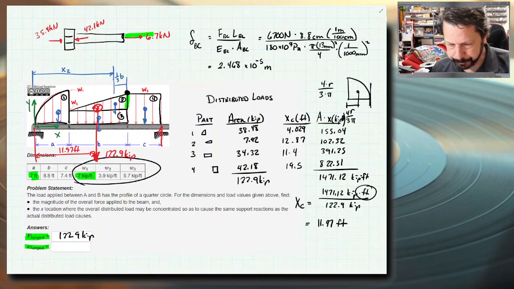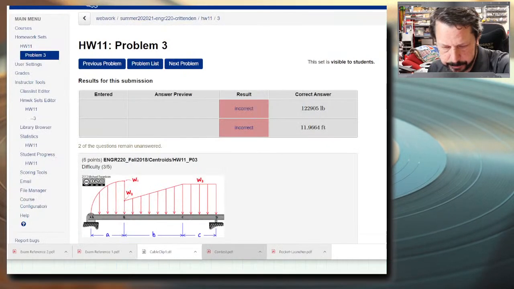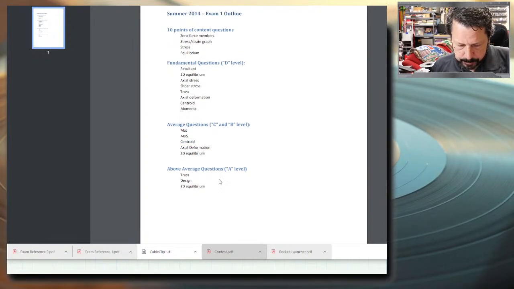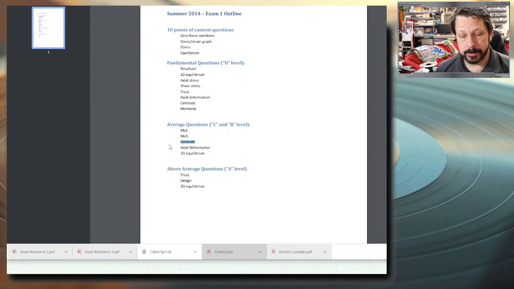This one is tougher. I would count it. It could show up. It's still a little tough for an average-level centroid question. But the average-level centroid question could be a distributed load.